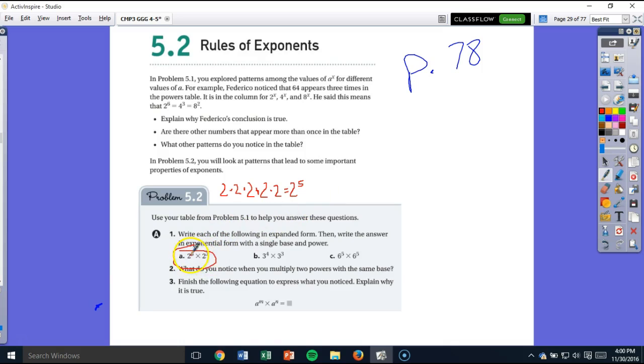So when we see 2 to the third times 2 to the second, that is equal to 2 to the 3 plus 2, or as we found out, 2 to the 5th. Okay, so that's our first rule, and you need to be able to show that down here in your final equation.